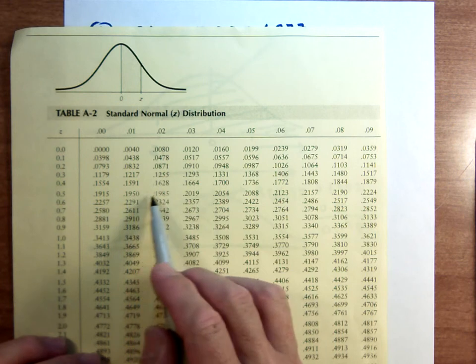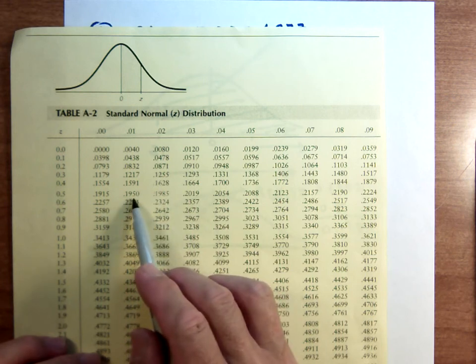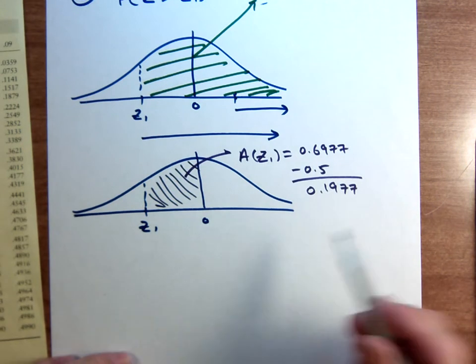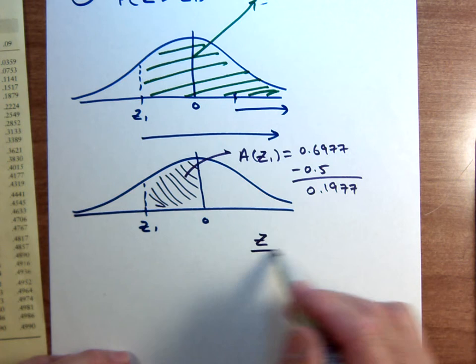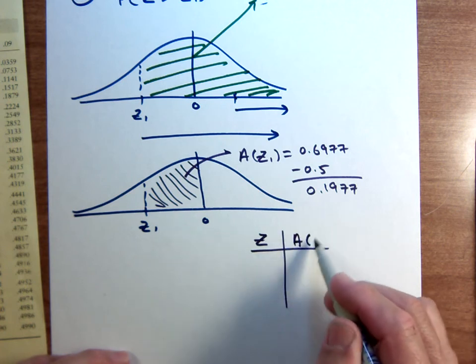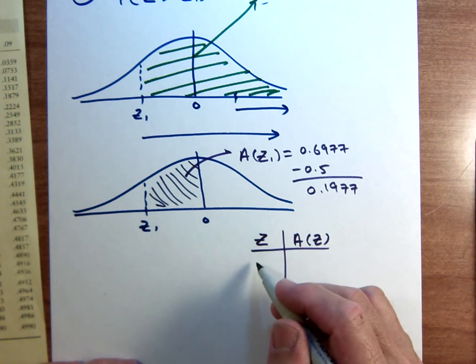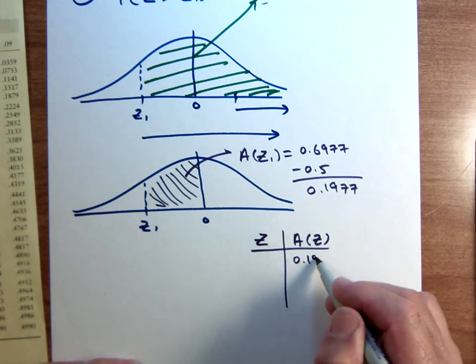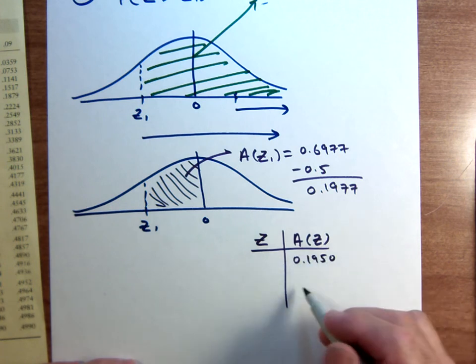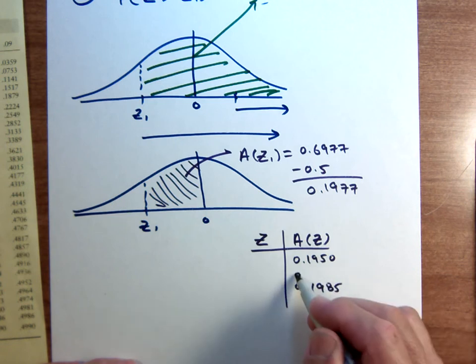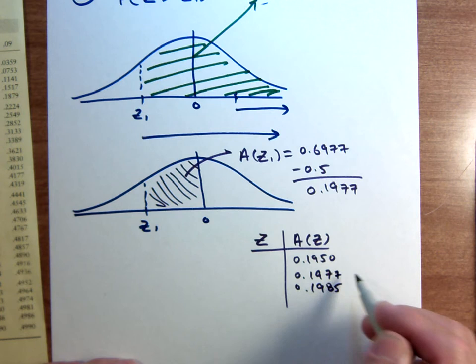The two closest are 0.1950 and 0.1985. So we're going to look at the z's and A of z. The first one was 0.1950 and the other 0.1985. What we want is 0.1977.